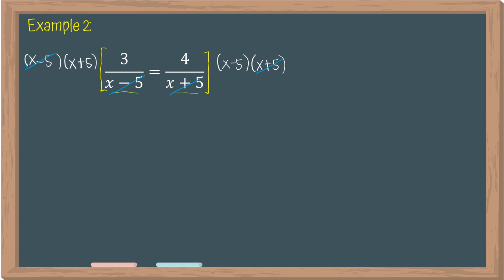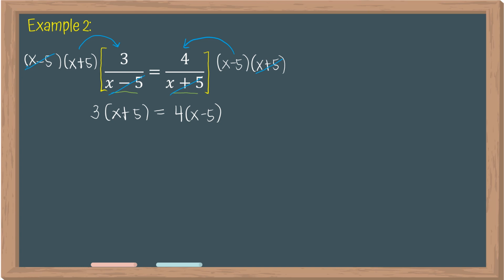So, pwede natin i-cancel out. So, that leaves us with x plus 5 na i-multiply natin sa 3 and then yung x minus 5 na i-multiply natin sa 4. So, gawin natin yon. So, in this case, we will be having, unahin natin si 3 times x plus 5 is equal to 4 times x minus 5.